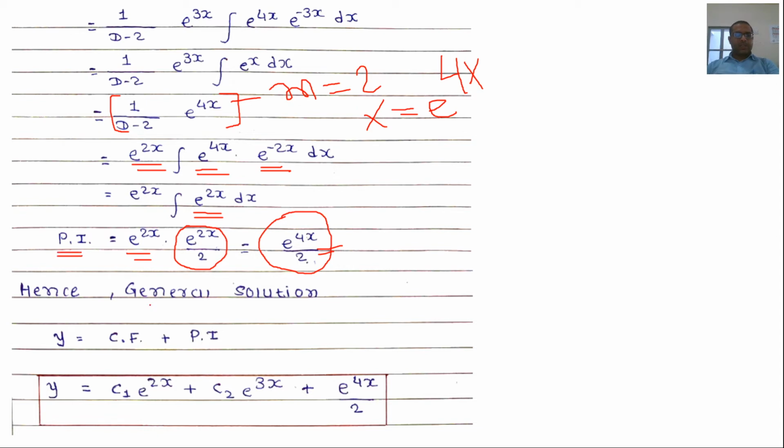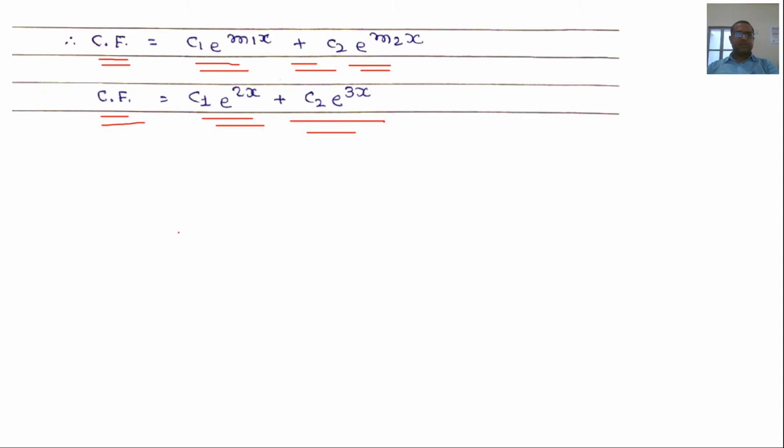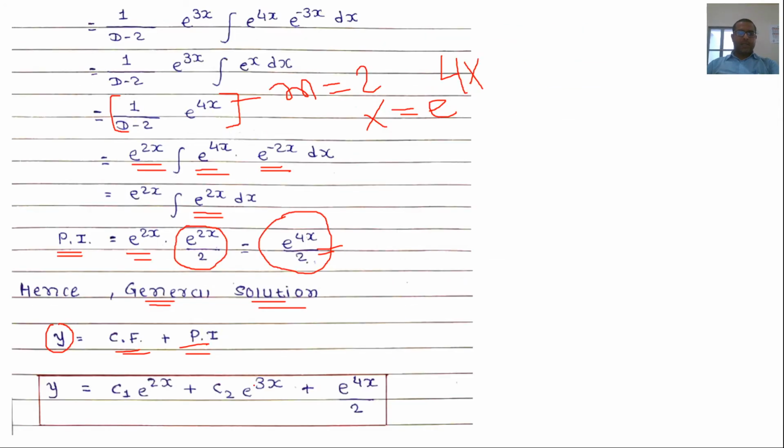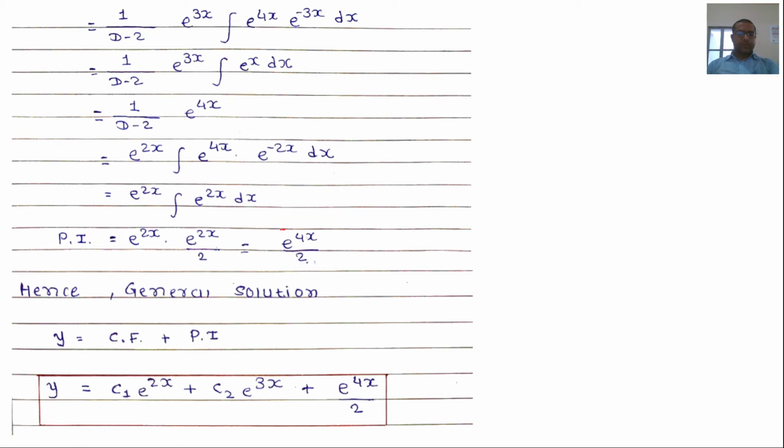Now the general solution is given by y is equal to complementary function CF plus particular integral PI. Now we have CF equal to c1 e raised to 2x plus c2 e raised to 3x, and PI is e raised to 4x divided by 2.